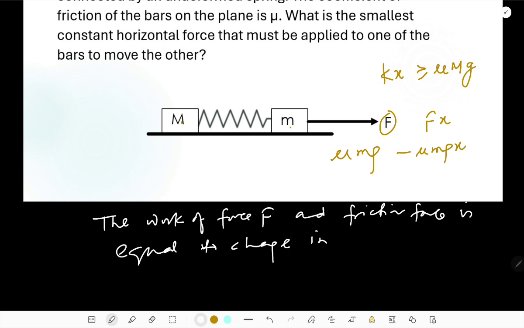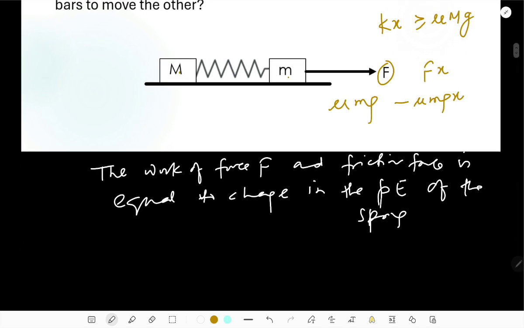This time it is a positive change because the spring is being loaded. Change in the potential energy of the spring. If I write this equation, it simply comes out like Fx minus mu mgx, and that will be equal to half kx squared.